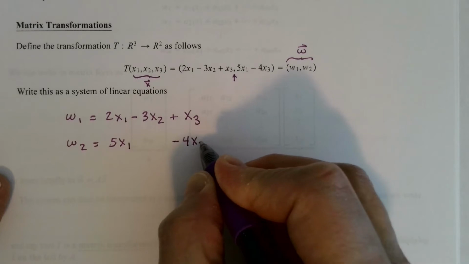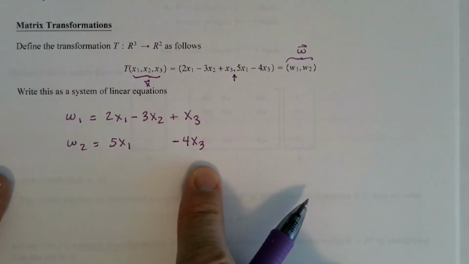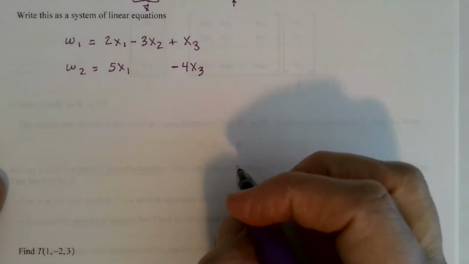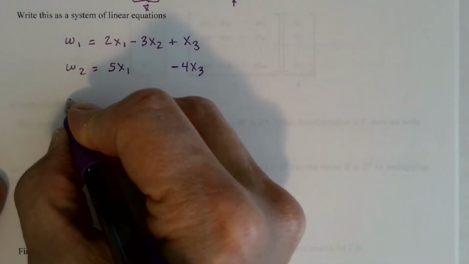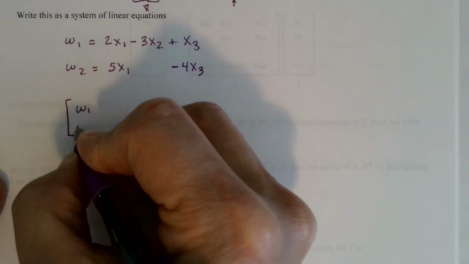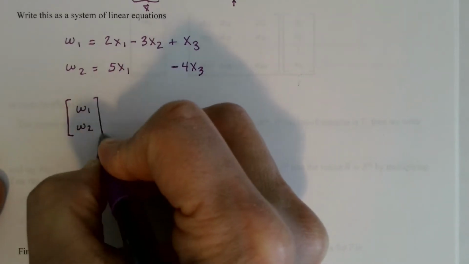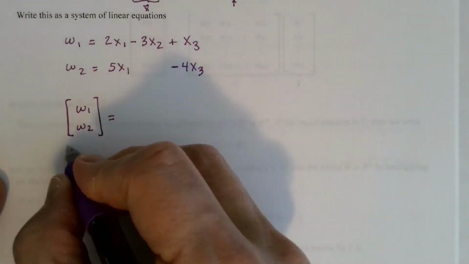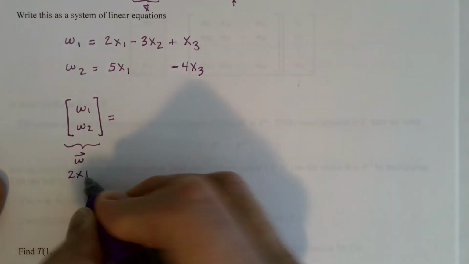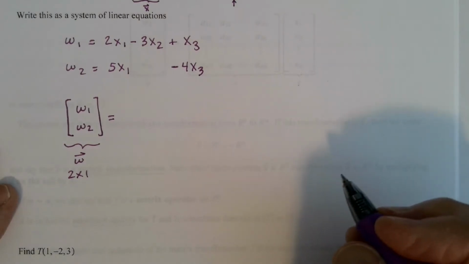You kind of understand why I might be writing it this way. Because now I can think of this as being a matrix equation, right? We have this 2 by 1 vector. This is the vector w again. Again, it's 2 by 1. It's a vector in 2 space, we say.